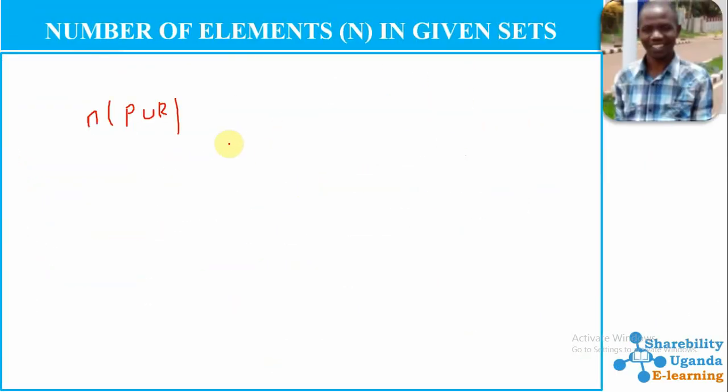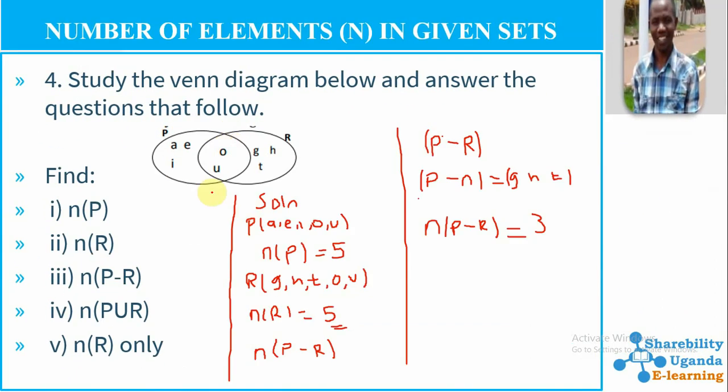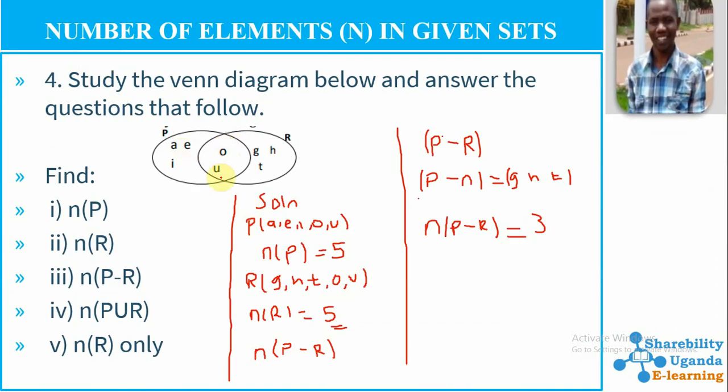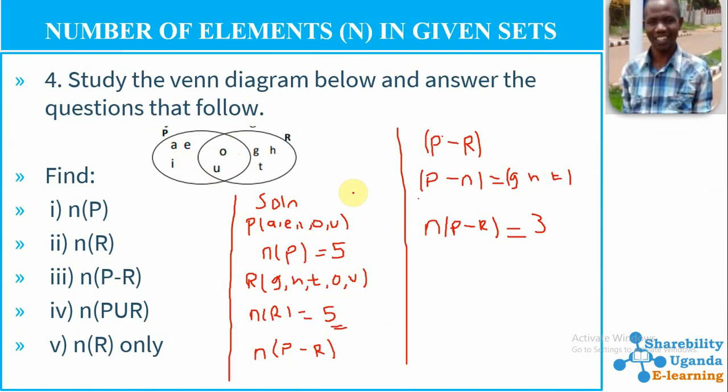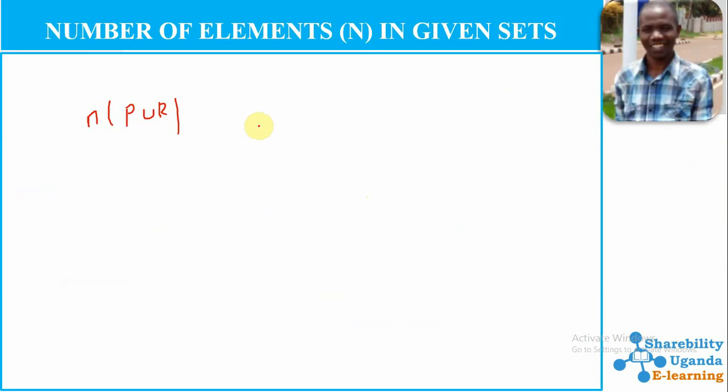So who are those members? Let's have a look at these members. We will have G, H, T. Good. If we want the number of these members, we first have to list the members that belong to P union R, so that we can get their number. How many are they? So we have this.